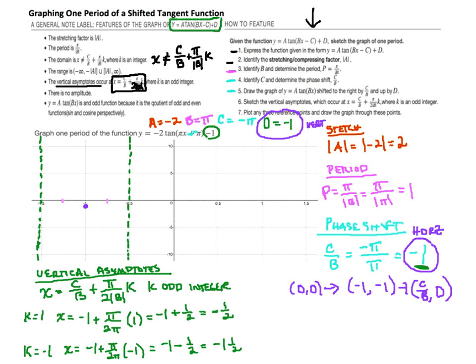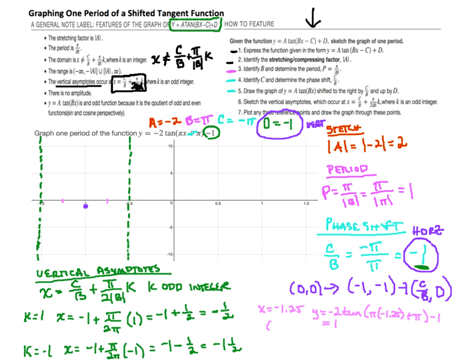Okay, so if x is equal to -1.25, y equals -2 tangent of pi times -1.25, plus pi, minus 1, and I'm just putting this into my calculator. When I put that into my calculator, I get out positive 1.